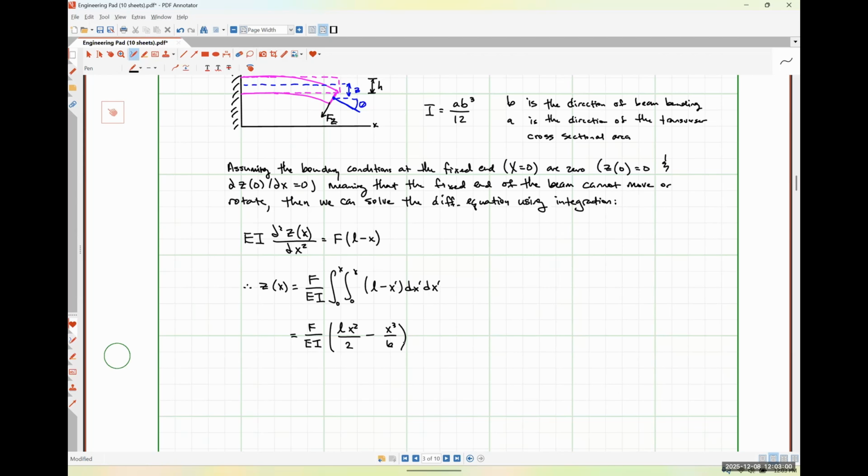Okay. So maximum deflection is going to occur if I apply my force at the tip of the beam.